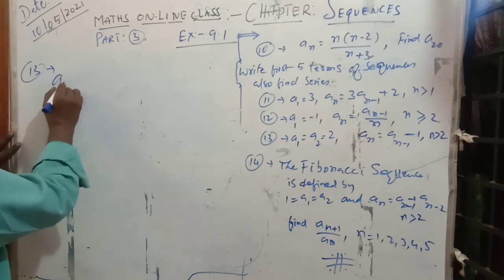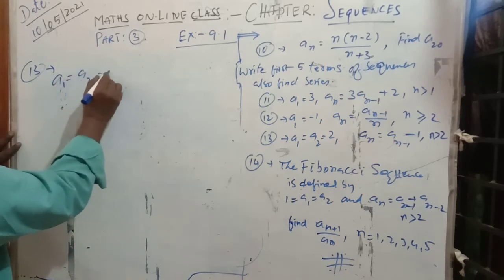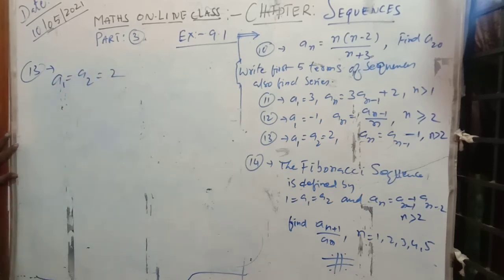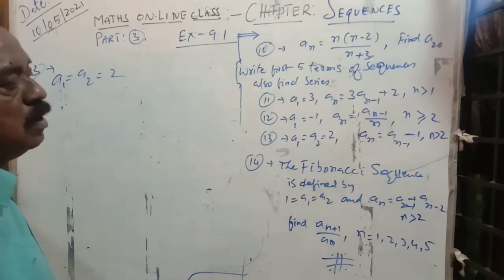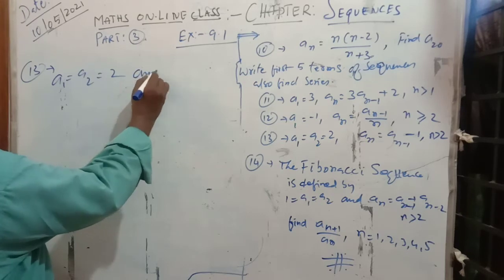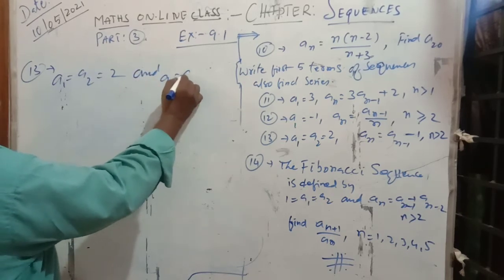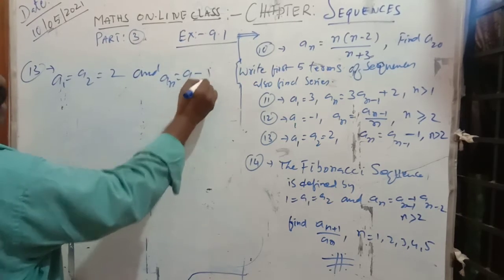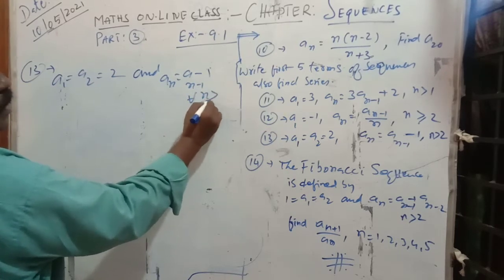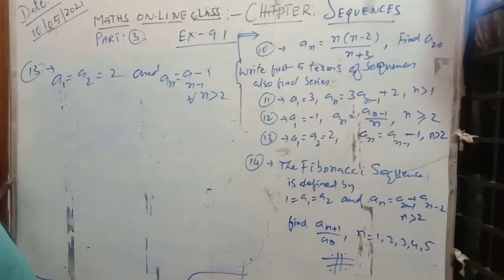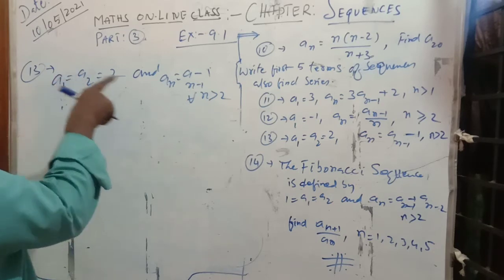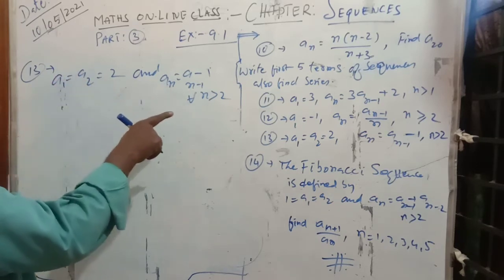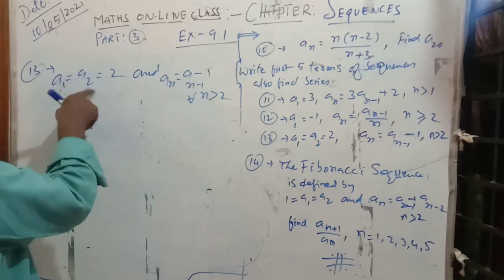A1 is equal to A2 is equal to 2. Both the first two terms are 2. And An is equal to An minus 1 minus 1, where n greater than 2. There is no need to find n is equal to 1 or n is equal to 2. It is n greater than 2, already given.